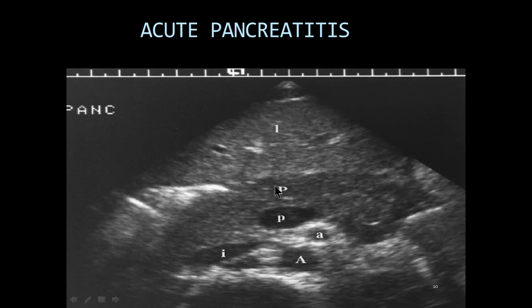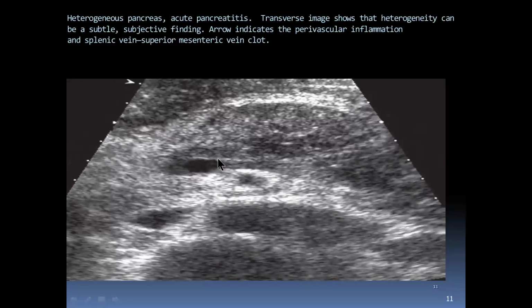Again, this is a case of pancreatitis where diffuse enlargement of the pancreas occurs and the portal vein is having thrombus. This is again a case of pancreatitis where the heterogeneity of the pancreas is there and there is perivascular inflammation, and there is splenic vein and superior mesenteric vein clot also present.